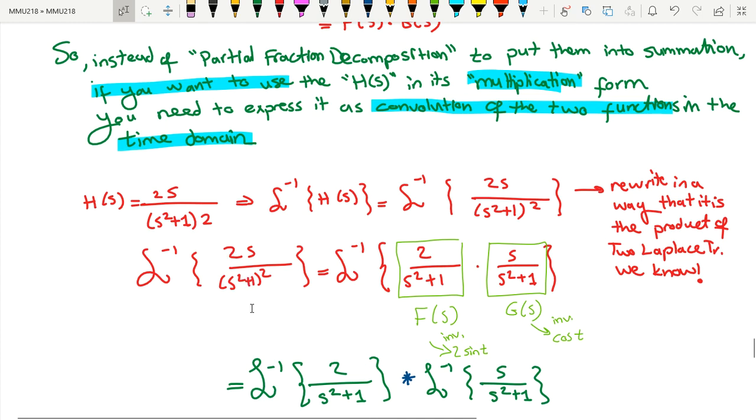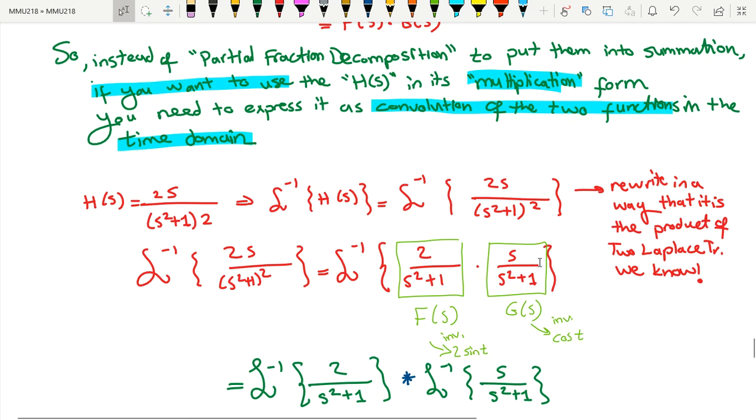But how does it look? Let's see, H(s) is 2s over (s squared plus 1) squared. So maybe if I just separate it out like 2 over s squared plus 1 times s over s squared plus 1, I now have something sensible, because if I take the inverse of this one, it will be 2 sine t.